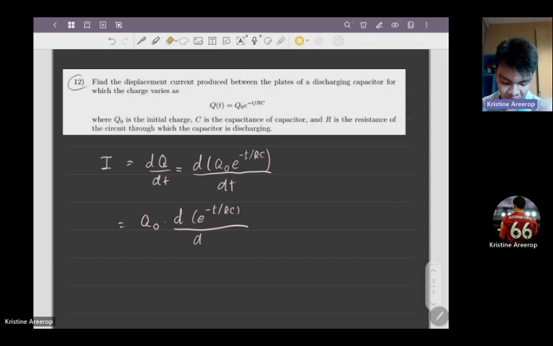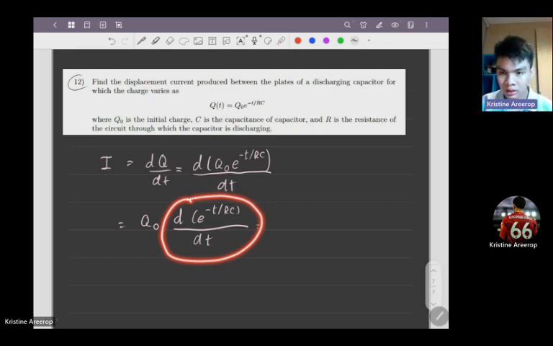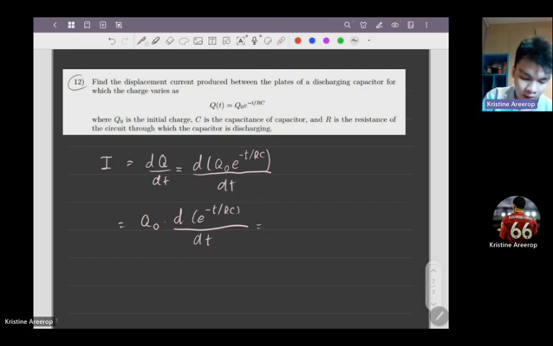I am so sorry, I forgot it. By dt. From this, I am going to use the chain rule.